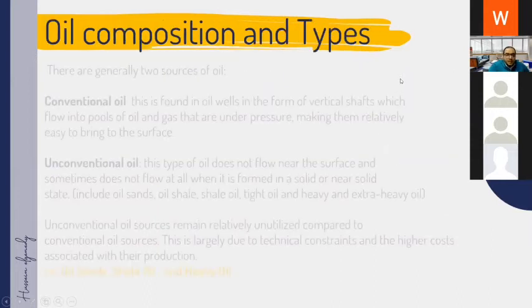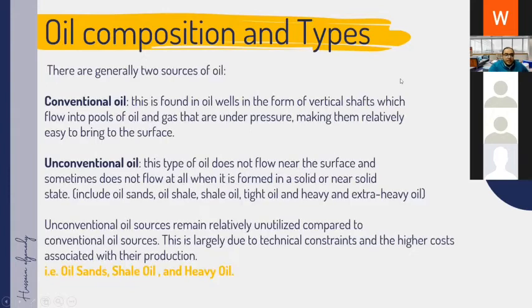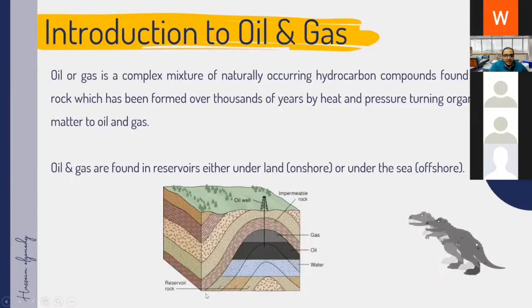After that, the oil compositions and types. Generally speaking, there are two types of oil: conventional oils, which are found in a form of vertical shafts like a bowl, as we showed in the previous slide.